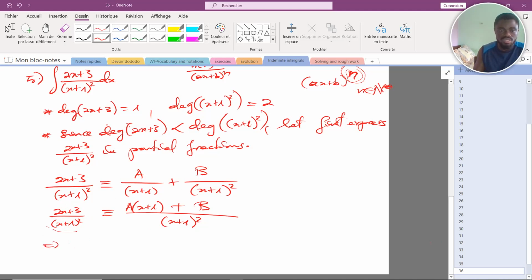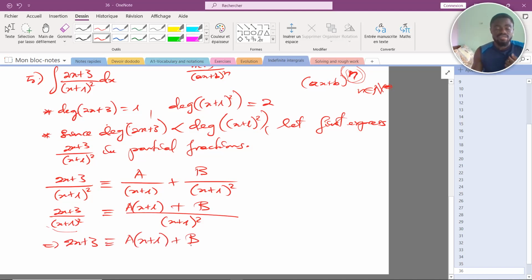So 2x + 3 must be identical to A into (x + 1) plus B.